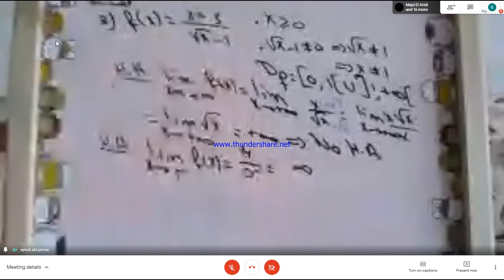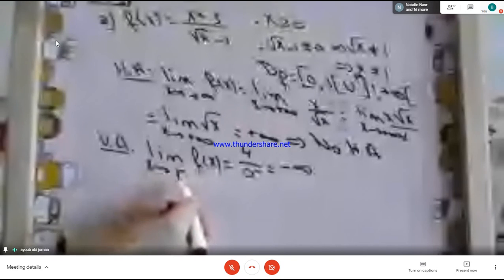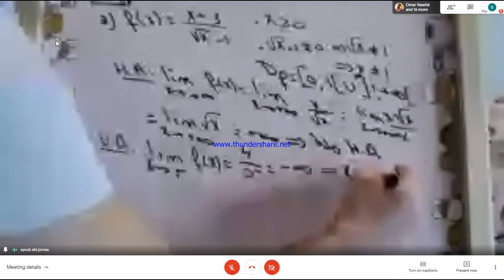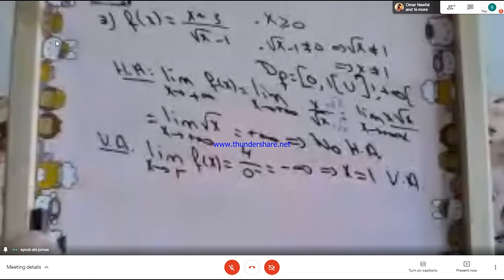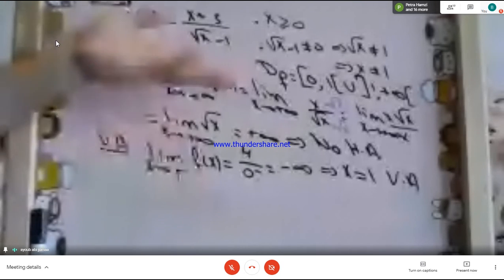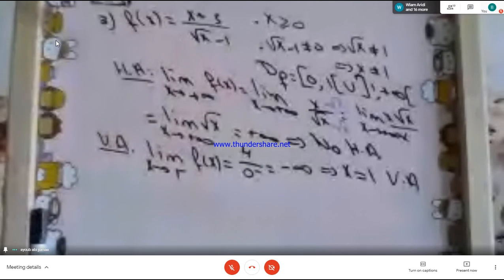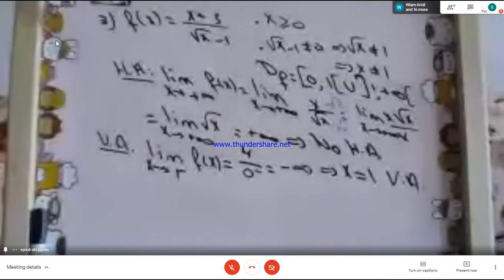Radical 0.9 minus 1 is negative, so negative infinity. If the limit as x approaches a number is infinity, then x equal to this number is a vertical asymptote. Here also I'm giving an example where we have a vertical asymptote but no horizontal asymptote.